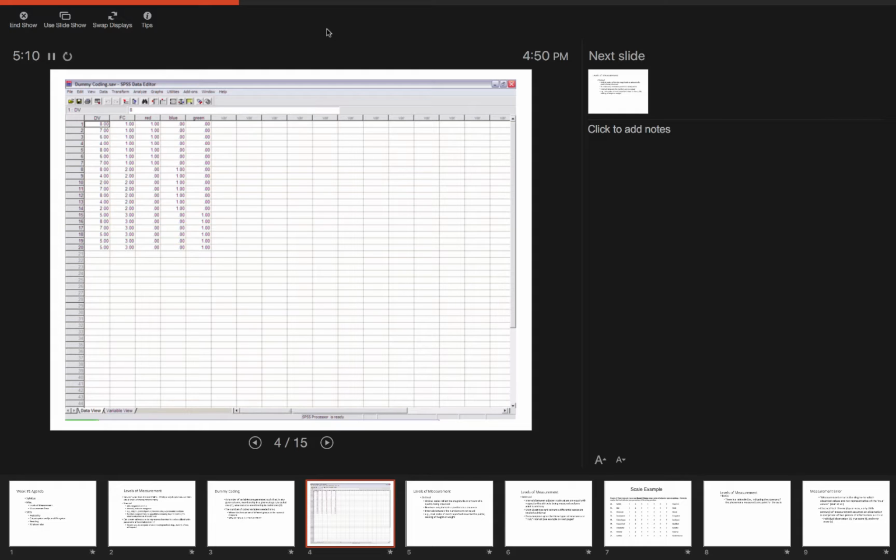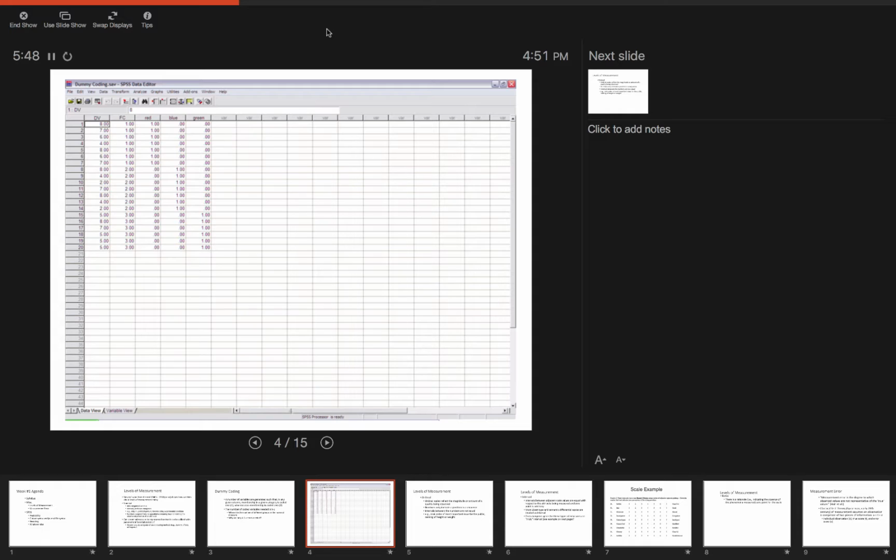To dummy code data, we just think about needing k minus 1, k being the number of groups, in this case 3: red, green, blue. If the data you're working with has 8 different groups, then it's going to be 8 minus 1. You'll have to generate 7 different columns of data. And I'll show you here in a few minutes how to do that in SPSS. Play around with the menus long enough, and you'll be able to figure that out yourself. But I'll show you how you can easily do that in SPSS.